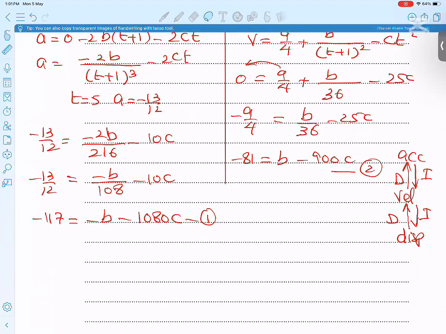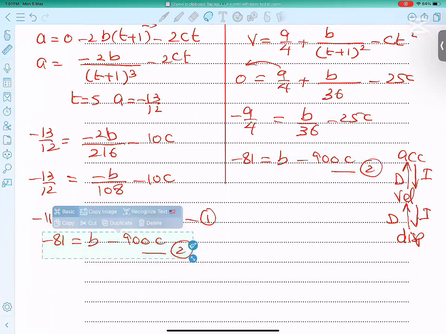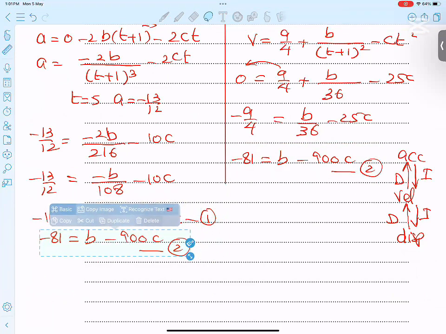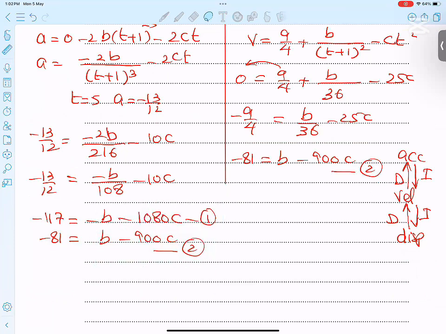I'm going to copy this equation and paste it here. Okay, and I am pasting it here. Let's try to solve it. So b and b cancel out, and now I'll simplify. 117 negative, both are negative.